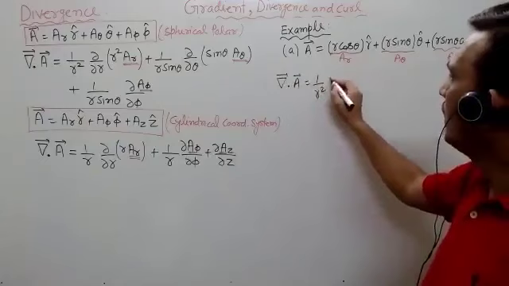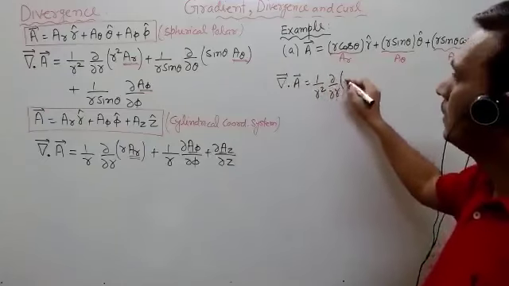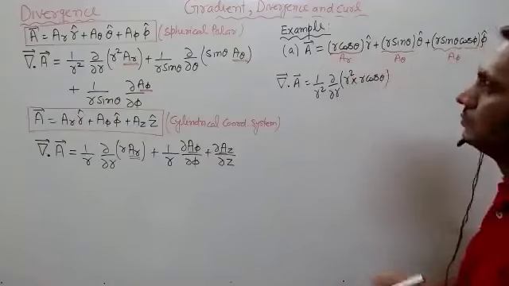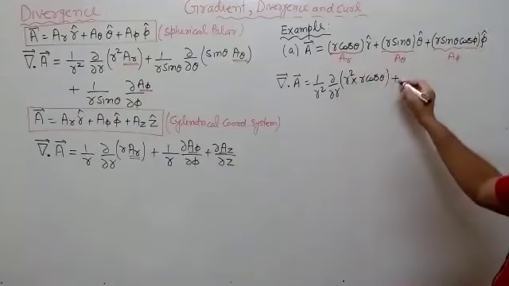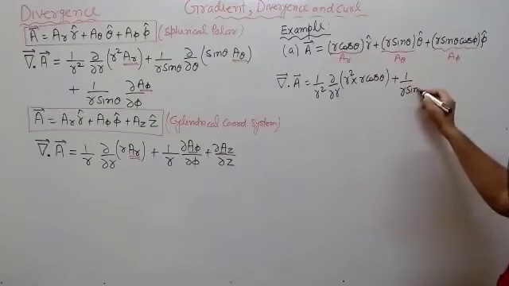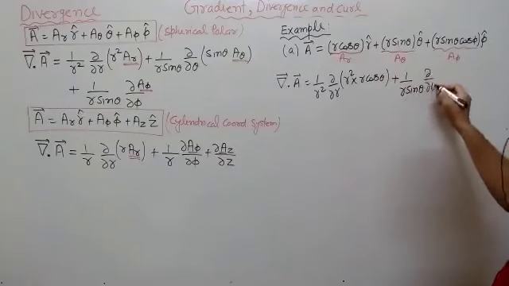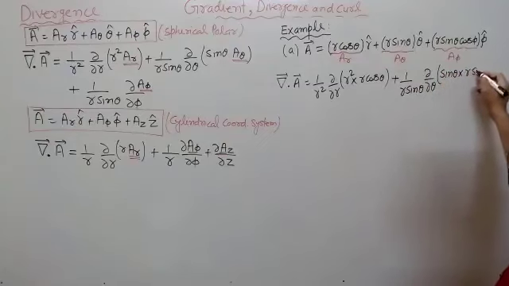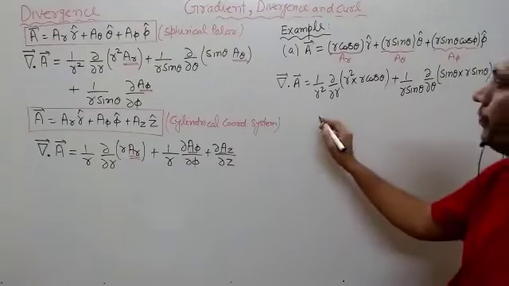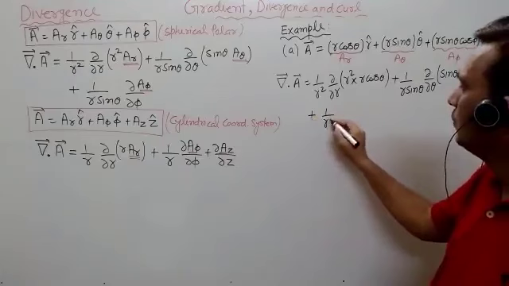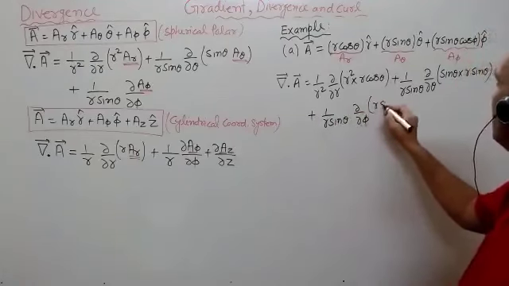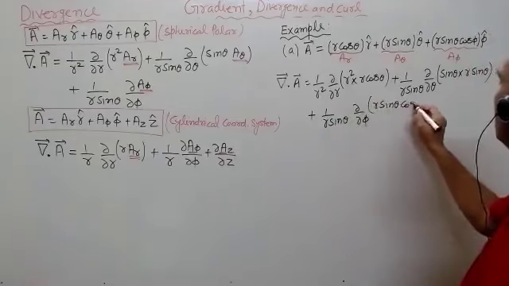1 by r square del r, r square into r cos theta. And then the second term is 1 by r sine theta del theta, sine theta into r sine theta, plus 1 by r sine theta del phi into A phi, which is r sine theta cos phi.